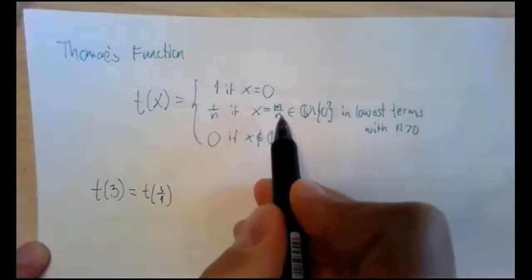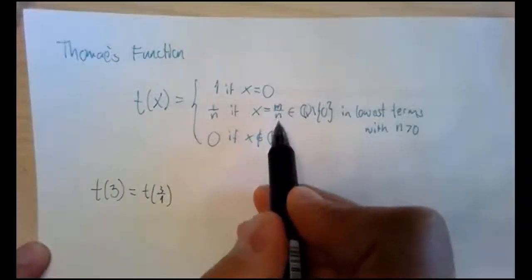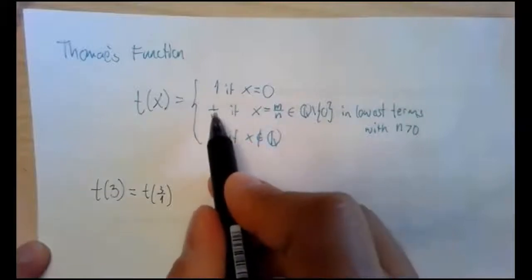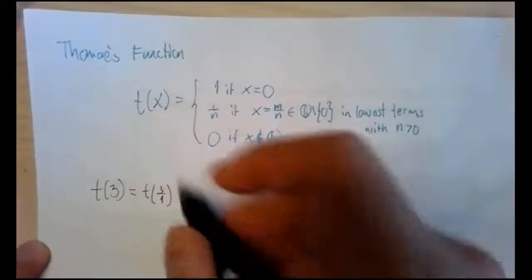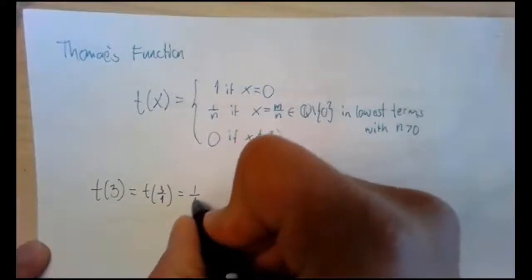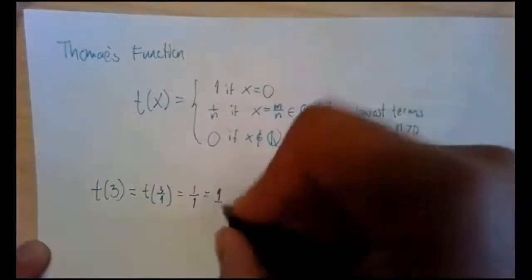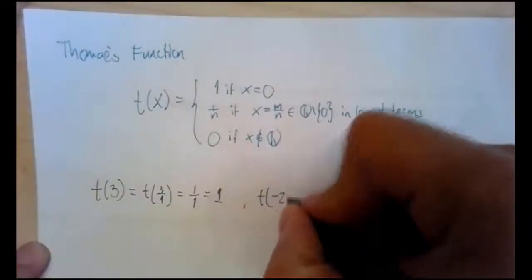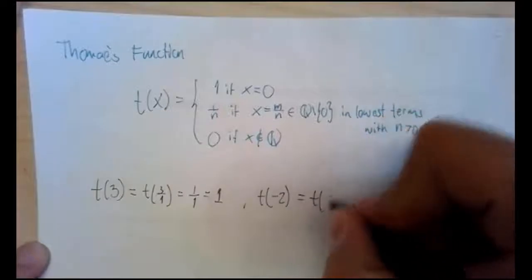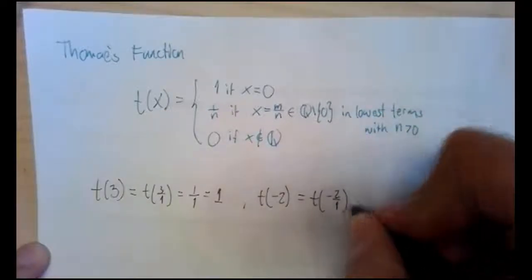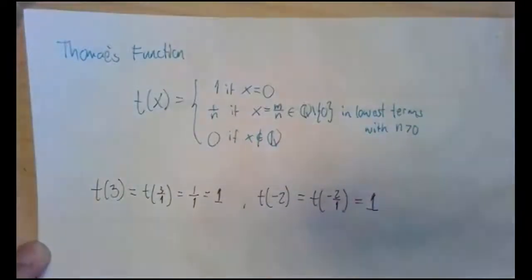We could write the x as something over something, and the denominator is 1, so this will be 1 over 1. So t of 3 is 1, right? And the same is going to happen for any integer, correct? So if we do t of -2, well, that's t of -2 over 1. So the same thing happens. The answer is 1, right?